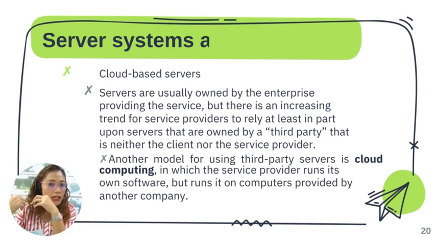So instead of buying the physical servers on their own, they will rent them from these cloud providers. And in the cloud, the providers have a classification of the services that you are going to avail from these third party providers.